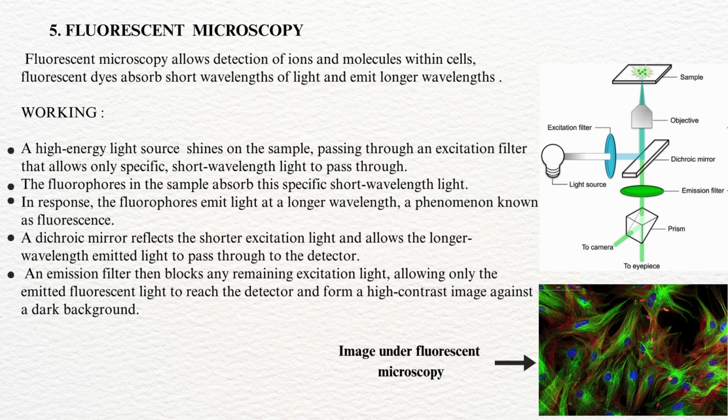A dichroic mirror reflects the shorter excitation light and allows the longer wavelength emitted light to pass through to the detector. After that, an emission filter blocks any remaining excitation light, allowing only the emitted fluorescent light to reach the detector and form a high contrast image against a dark background.